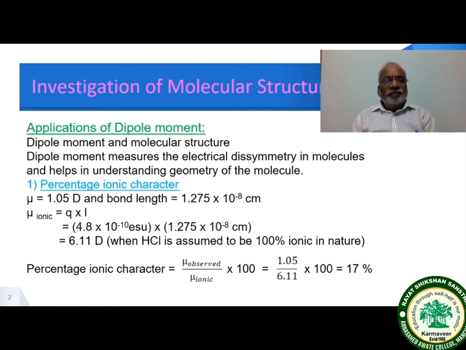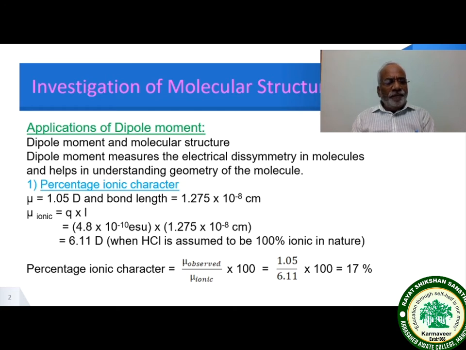What I mean, the molecule is assumed to be 100% ionic in nature. Then what is the value of dipole moment of an ionic molecule HCl?